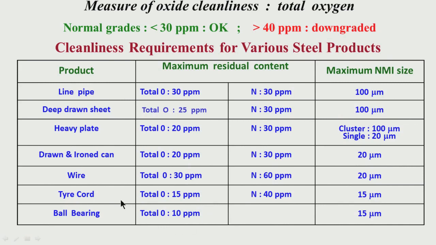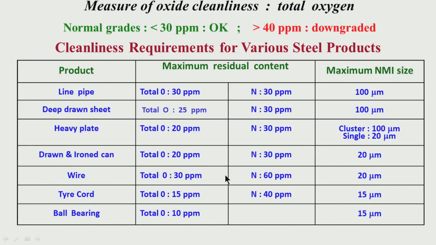When we are producing tire cord or ball bearing steel from cast billets, we should know the level of total oxygen and then decide whether these billets can be processed to these qualities of stringent requirements. Otherwise, suppose total oxygen is 30 ppm or 35 ppm, what do we do?